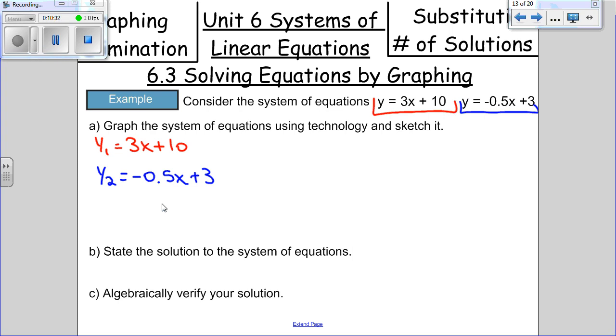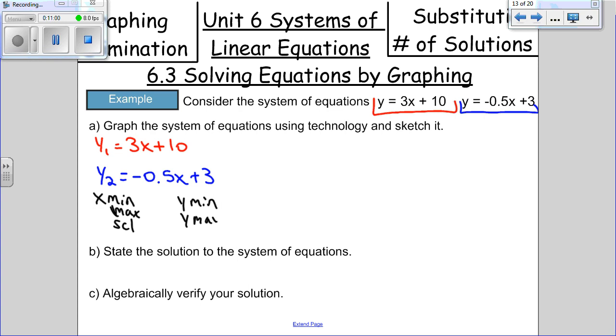The next thing you do before you graph is you're going to set your window. So you're going to click on the window button, next to y equals. That's going to take you to a page that says x min, x max, and then scale. Then it's going to say y min, y max, y scale.